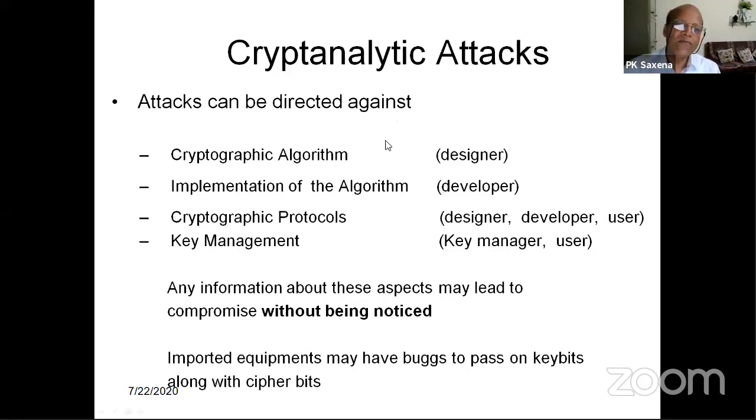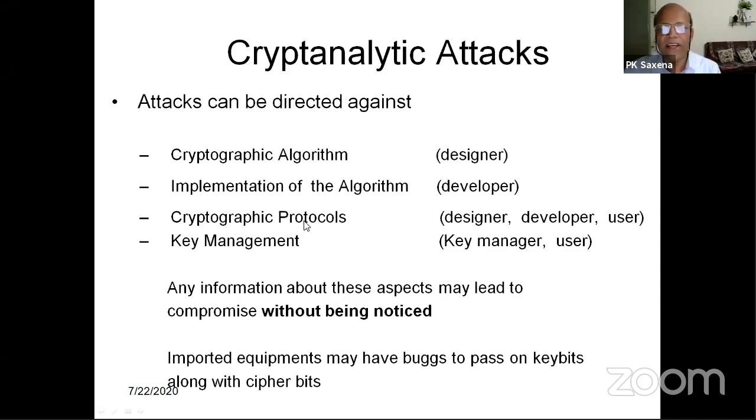Now, on stream ciphers, there are different types of cryptanalytic attacks. In cryptanalysis, one can target the crypto algorithm itself, or the implementation of the algorithm, whether it is implemented in a secure manner, or the protocol where the key is drawn from memory and used in encryption, where there may be some weakness in key management. So cryptanalytic attacks do not focus only on the cipher or the algorithm itself.